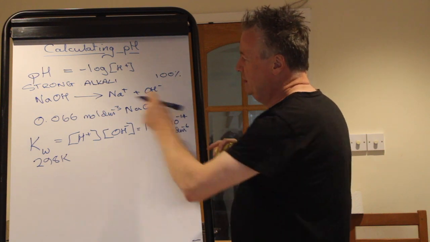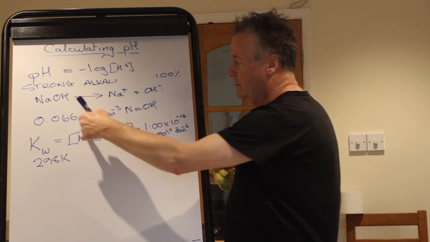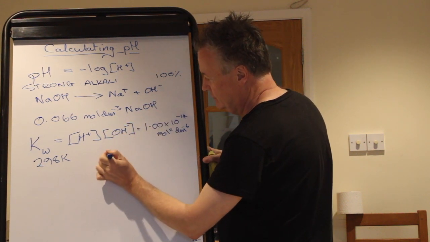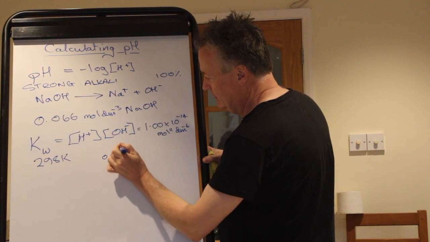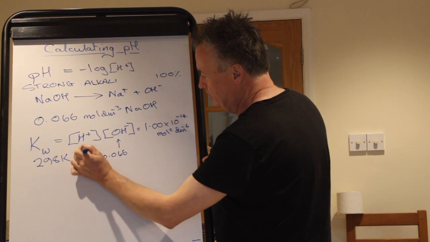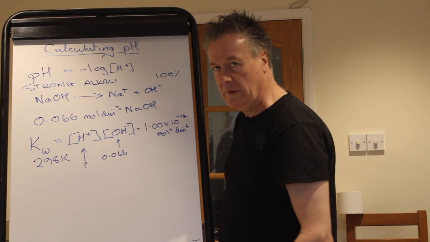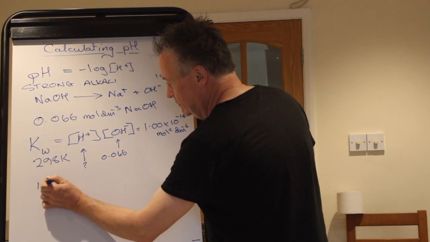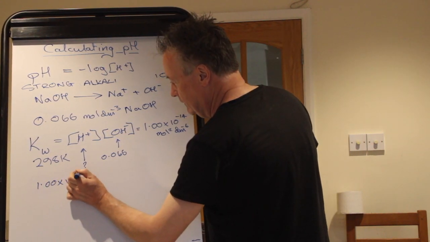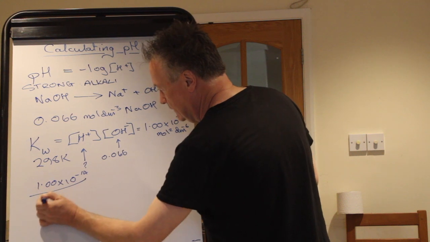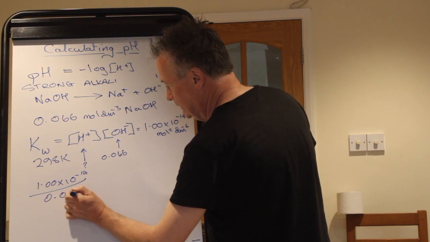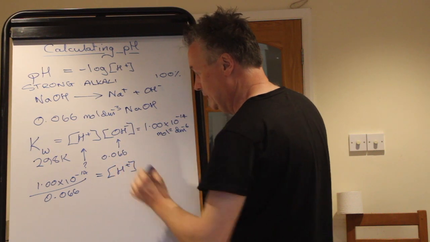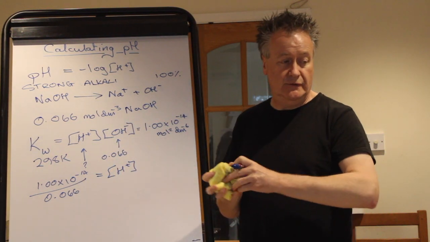Now, if we're doing this pH, we need the concentration of hydroxide ions, and we know that. We don't know the concentration of hydrogen ions, but we do know Kw, so 1.00 times 10 to the minus 14 divided by the hydroxide concentration gives the concentration of hydrogen ions.